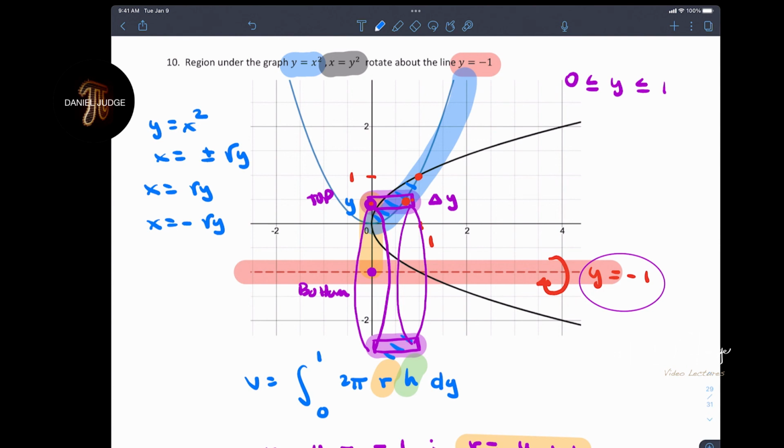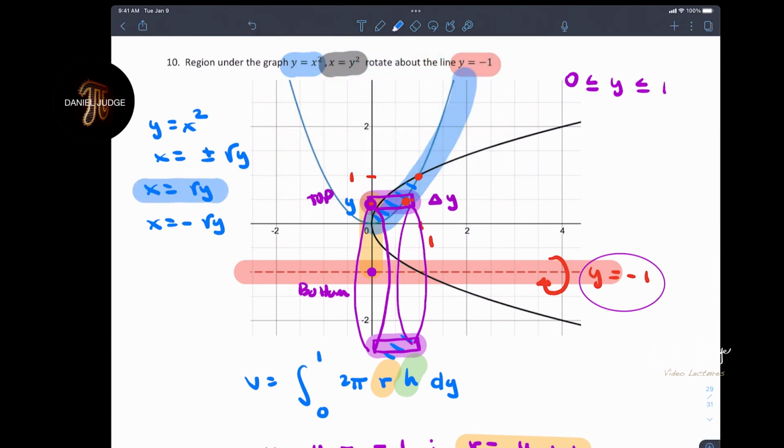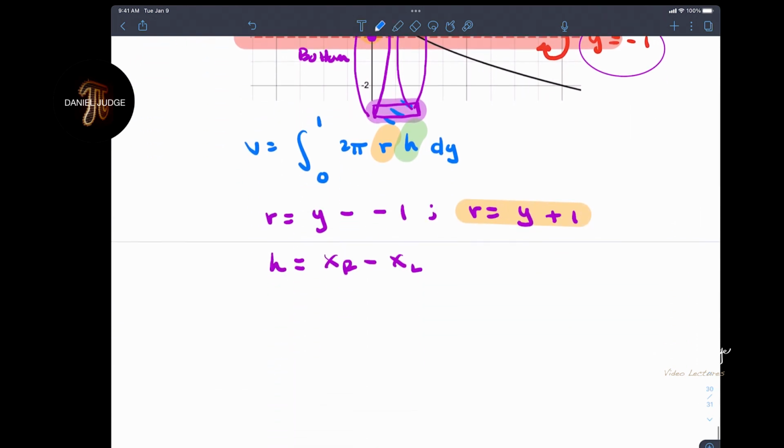So we're going to use here the positive because it's in quadrant 1 and all points in quadrant 1 for x and y are positive. So this is going to be what we have to use for my right portion here. This is the right portion here in blue. So that's the square root of y.